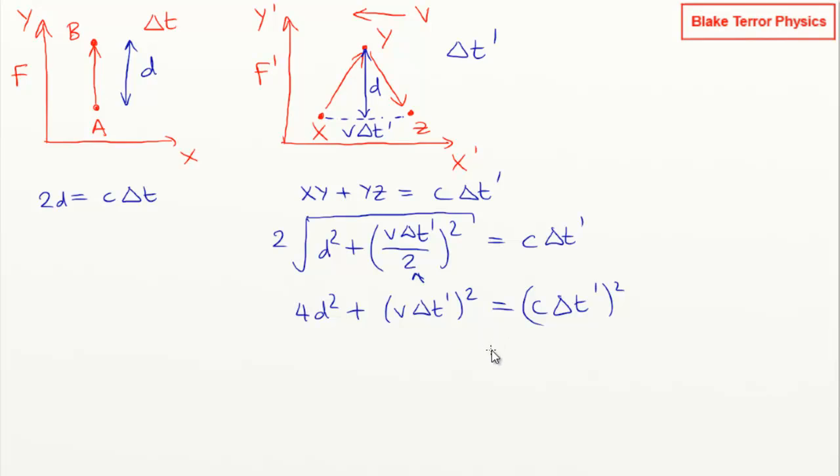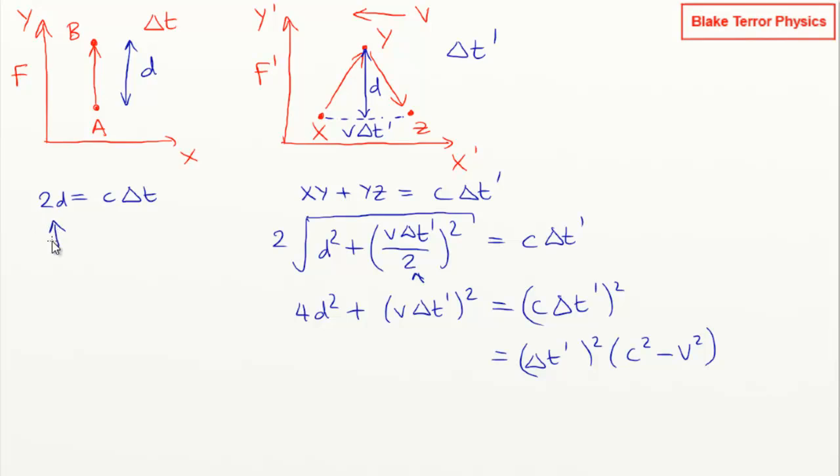Now there's 2 things we can do here. We want to group together our delta t prime squareds. So let's put that on the right hand side of this. So we'll have delta t prime squared multiplied by c squared minus v squared. And that just leaves the 4d squared on the left hand side.